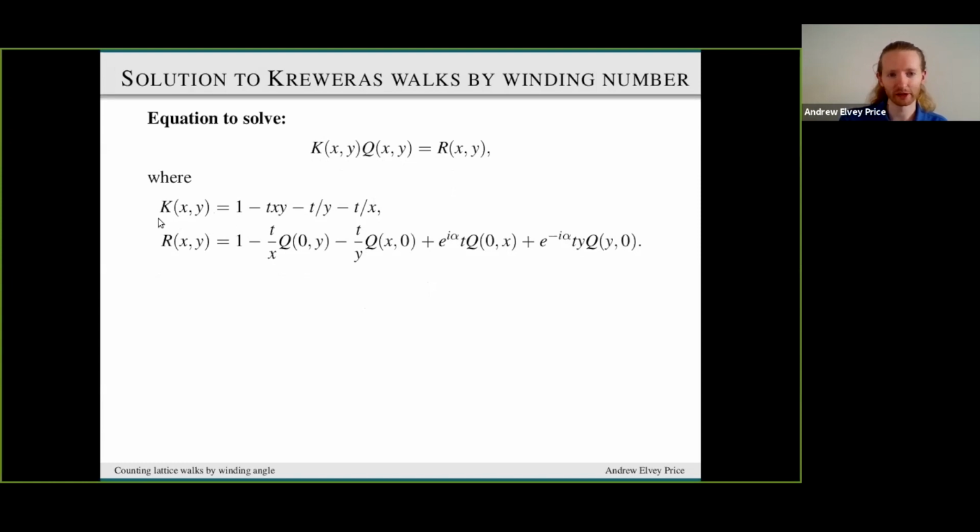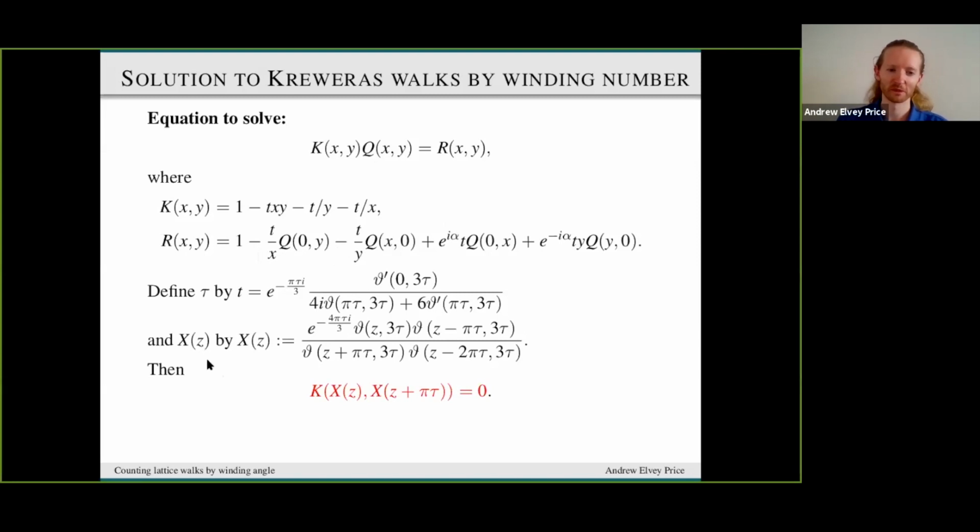The idea is we want to sub in values of x and y that send k(x,y) to 0, because then r(x,y) is also 0. And r(x,y) is simpler than the original equation because it doesn't involve q(x,y). So everything in the equation just depends on x or y.